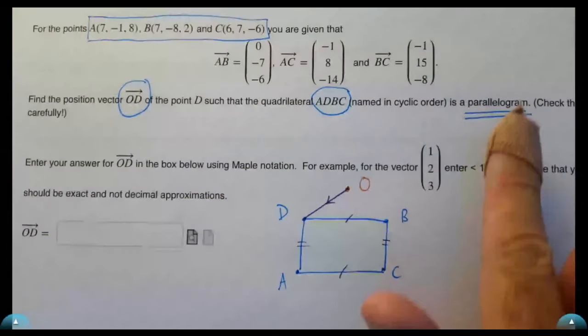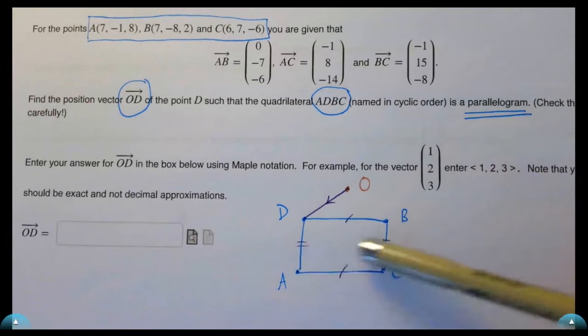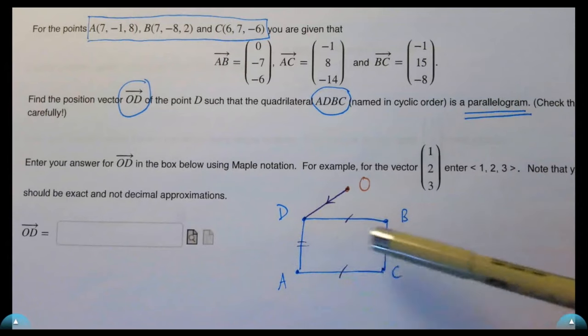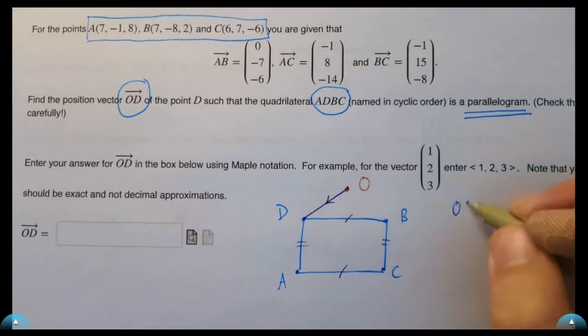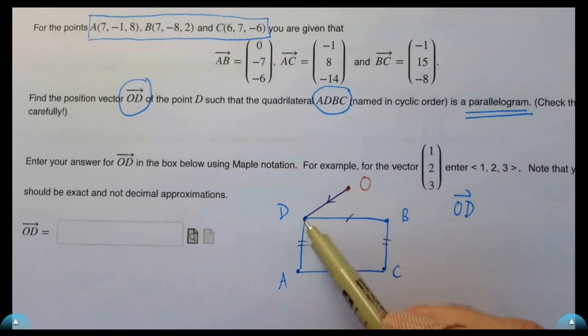Okay, so with a parallelogram, you know the opposite sides are equal in length and they're parallel to each other. So this side and this side, the vectors are parallel and the same length. What we would like to do here is to compute the vector OD.